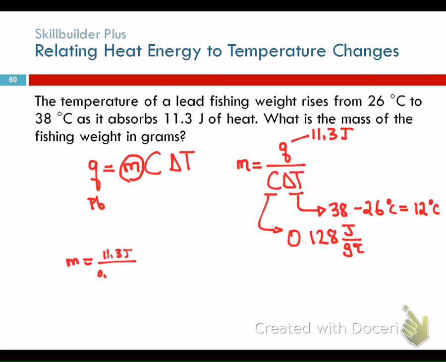Divided by 0.128 joules per gram degrees Celsius. And then delta T is 12 degrees Celsius. You notice that here the degrees Celsius will cancel.